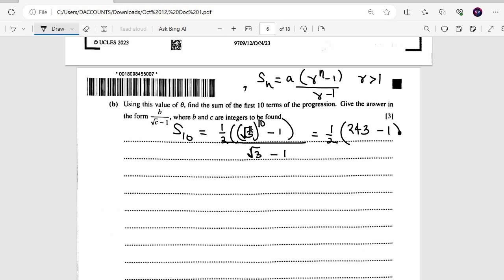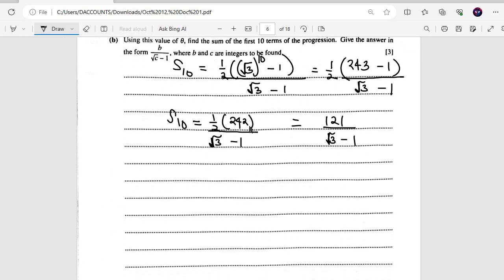So 243 minus 1 gives 242, all over root 3 minus 1. At the end of the day, we have 121 over root 3 minus 1. That is the sum of 10 terms in the form we expect.